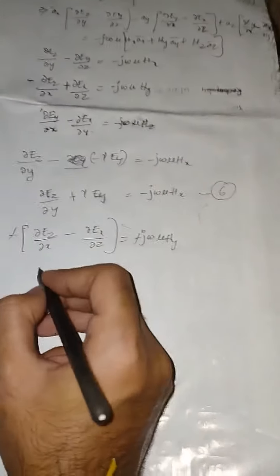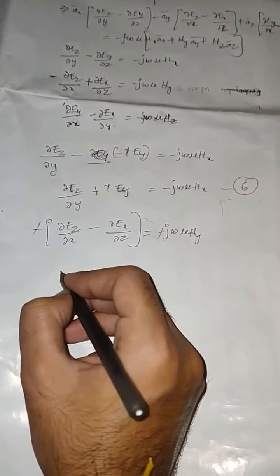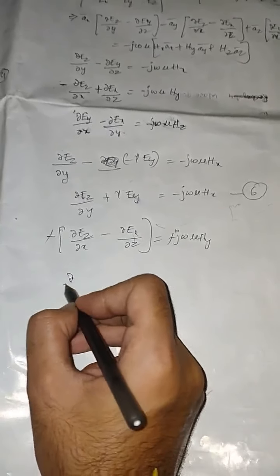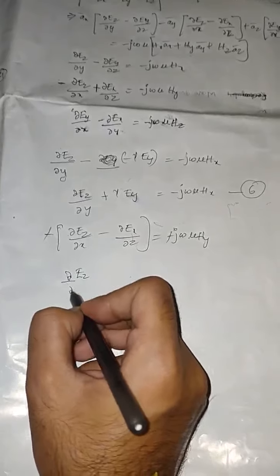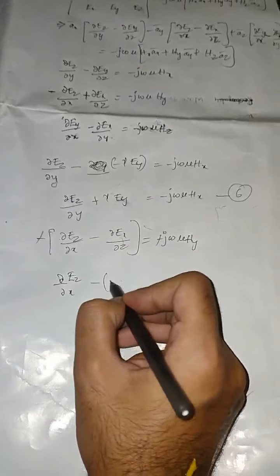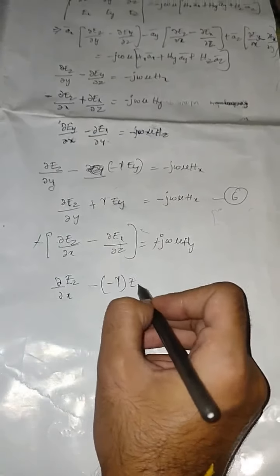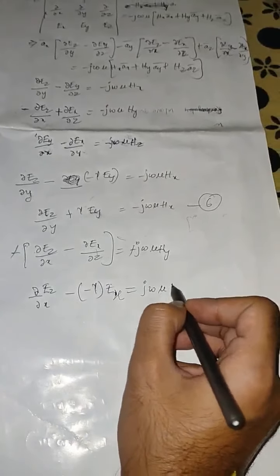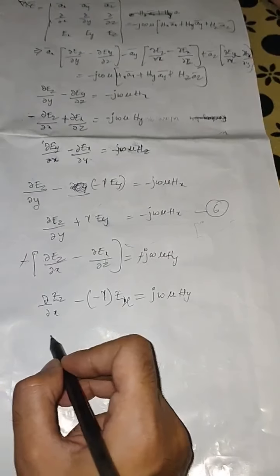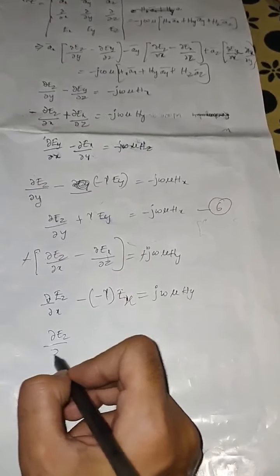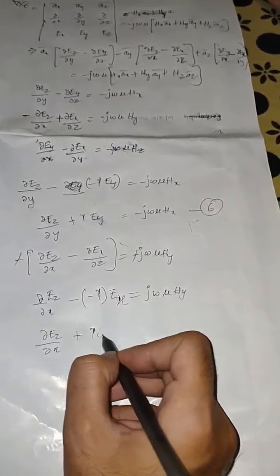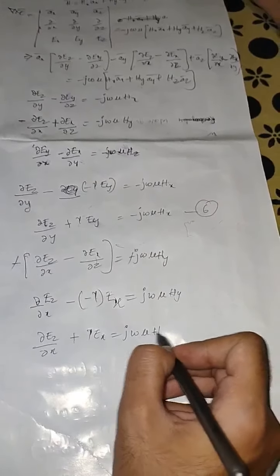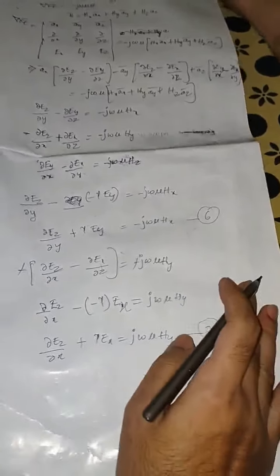Now this ∂/∂z can be written as minus gamma. So ∂Ez/∂x minus (minus gamma Ex) is equal to j omega mu Hy. So ∂Ez/∂x plus gamma Ex is equal to j omega mu Hy. This is equation number 7.